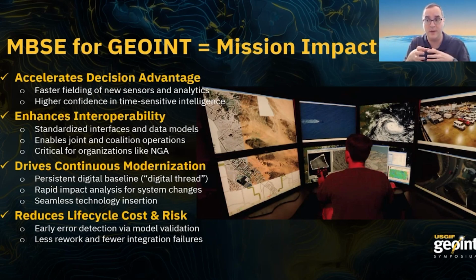So when we talk about delivering capability to the warfighter in a more rapidly iterative fashion, we're able to deliver that with real mission impact and not just words in a contract or words on a slide, for example.